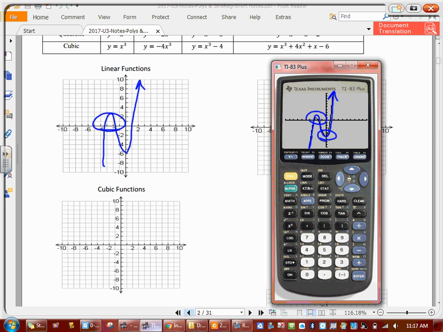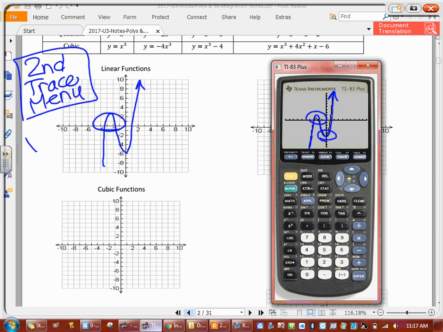Let's try it. So, everything is under our second trace menu. Okay, a little hint for ourselves. In order to find x-intercepts, we need to intersect our graph. But in order to intersect it, we need 2 lines or 2 graphs to intersect.